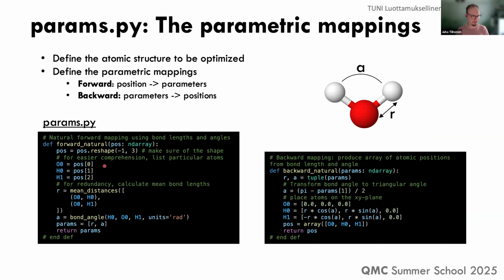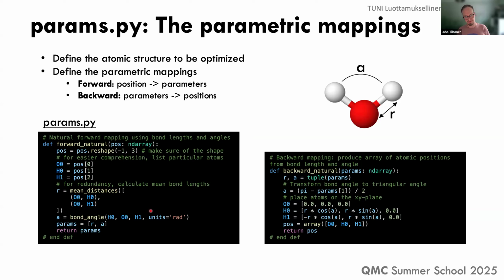We assume certain ionic species, and then we compute, let's say, distances between certain atoms and angles, and therefore we have a means to return the reduced parameters as another array.